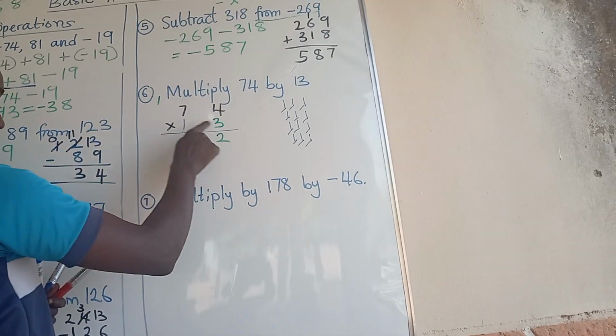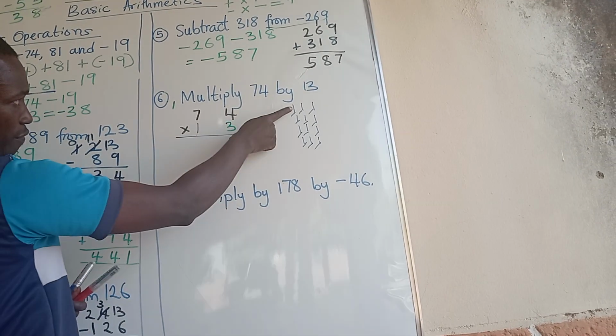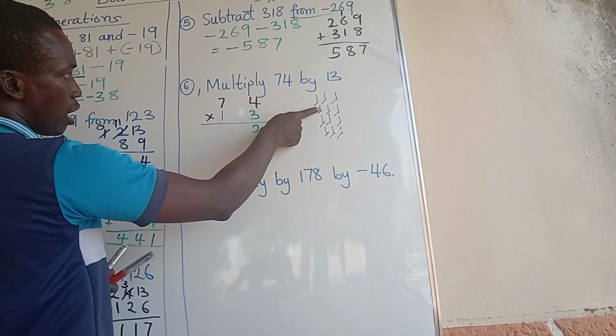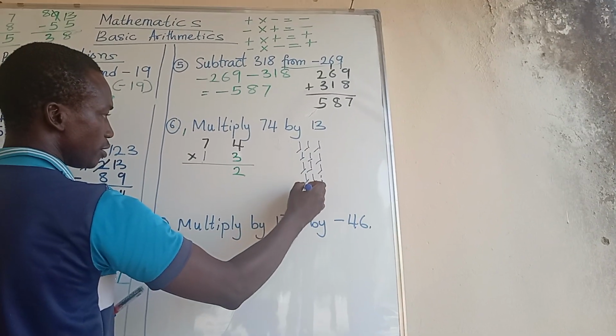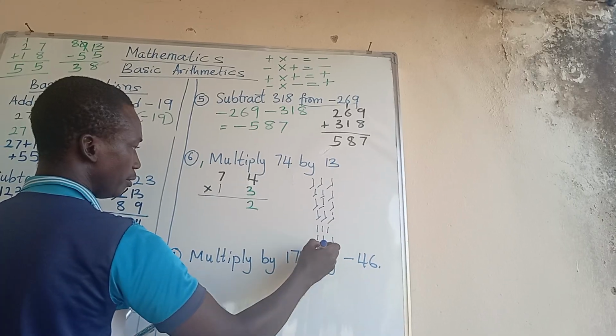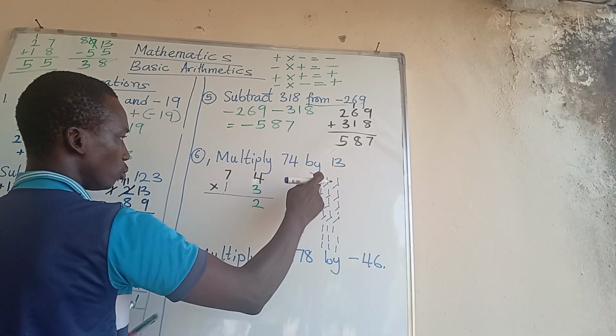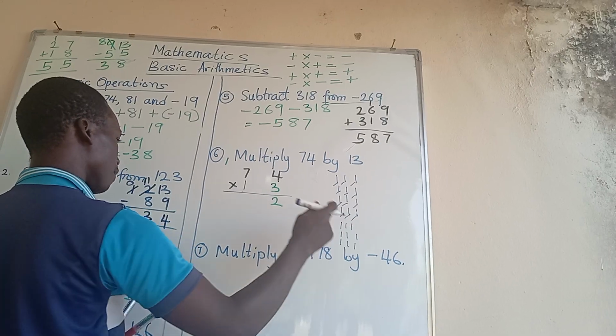Now we say 3 times 7. That means counting 3 in 7 places. Remember, we have counted 3 here in how many places? 1, 2, 3, 4. So let's continue to count it in 7 places. 1, 2, 3. 1, 2, 3. 1, 2, 3. So 3 in 7 places. 1, 2, 3, 4, 5, 6, 7.